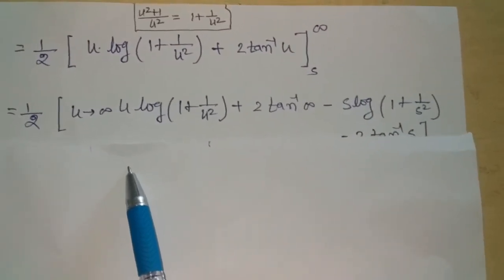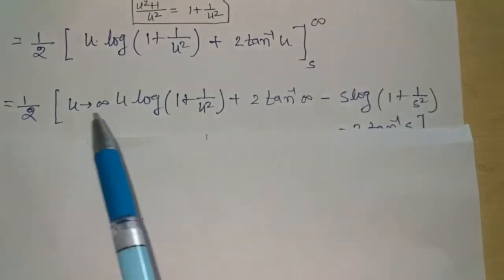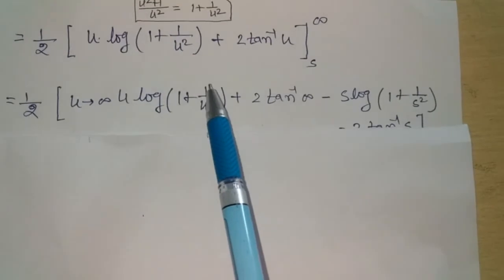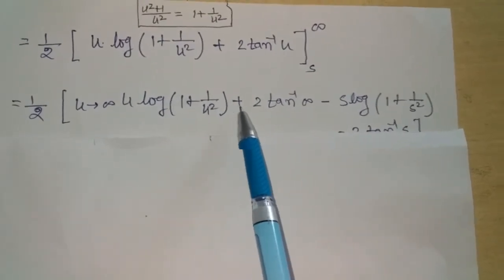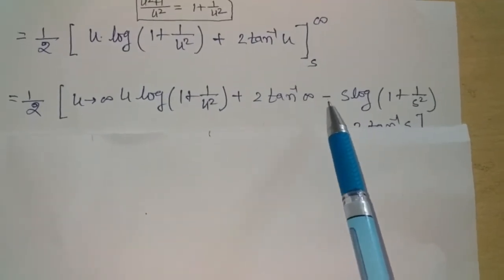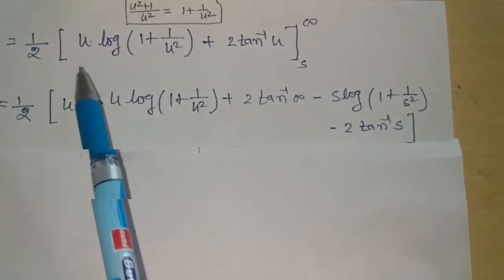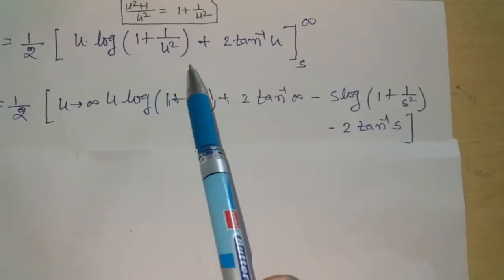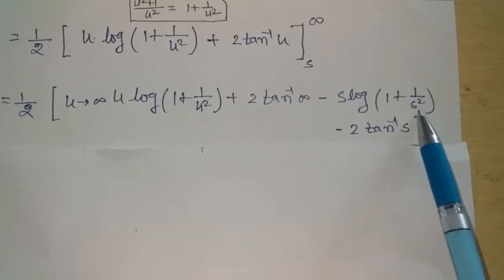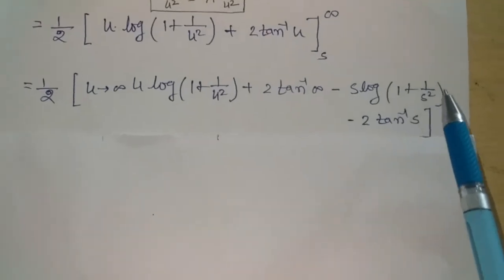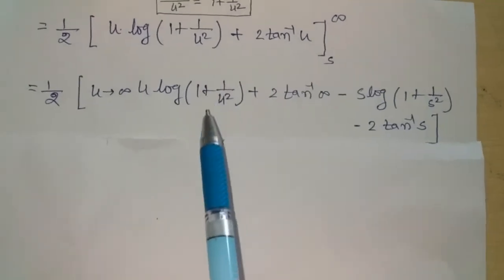We get 1/2, upper limit u tends to infinity, u log(1 + 1/u²) plus 2 tan⁻¹∞ minus lower limit s gives s log(1 + 1/s²) minus 2 tan⁻¹s. So we put here the upper and lower limit.